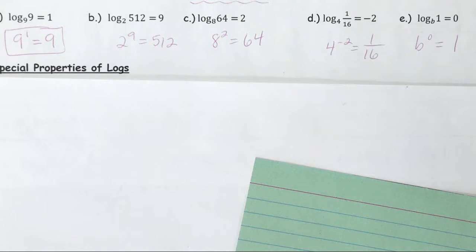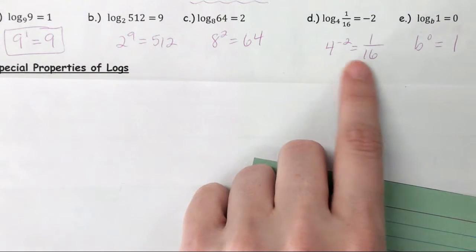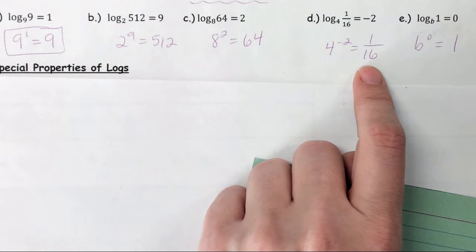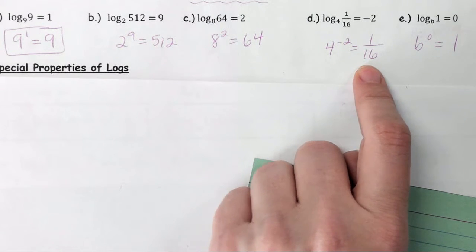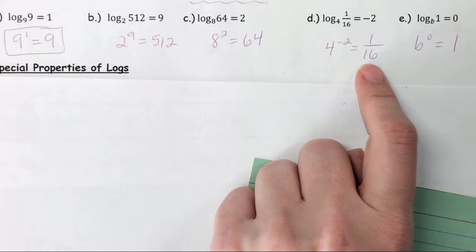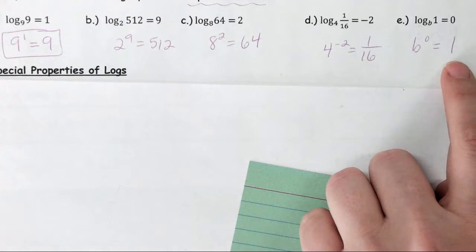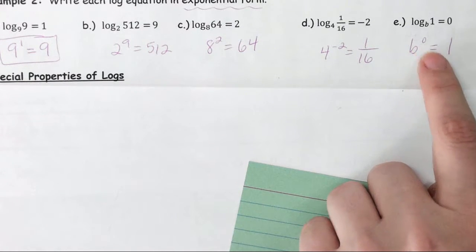Okay. Now remember the negative here, right? 4 to the negative 2 is going to be 1 over 16 because it's 1 over 4 squared. Okay? And then b to the 0 is 1. Why do we know that b to the 0 has to be 1?